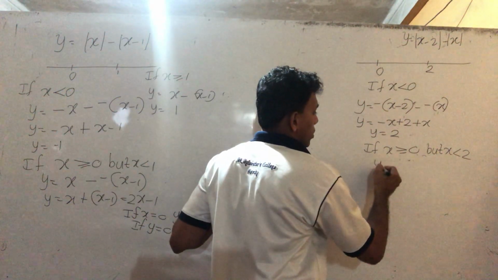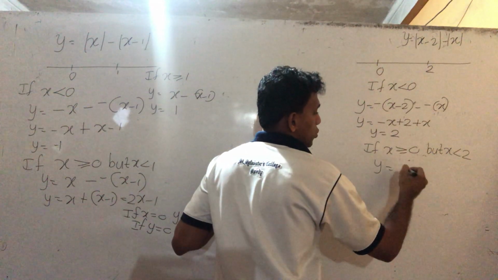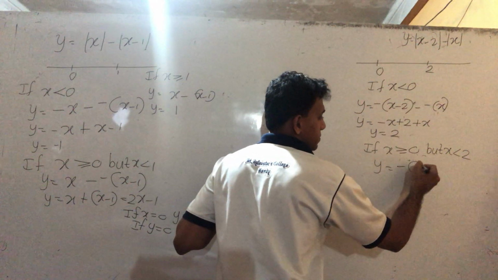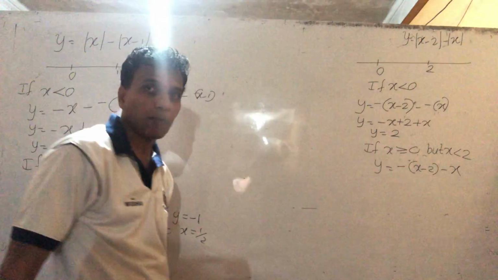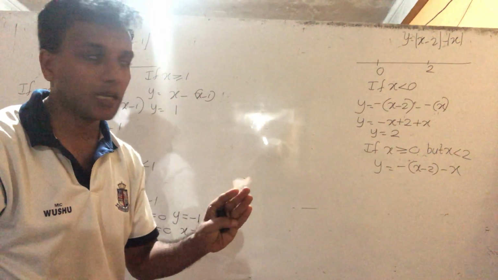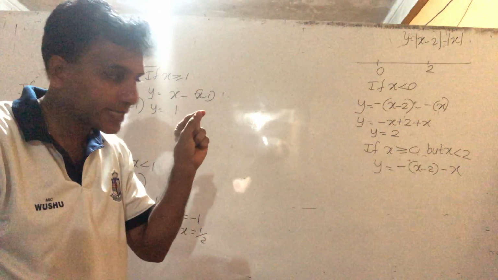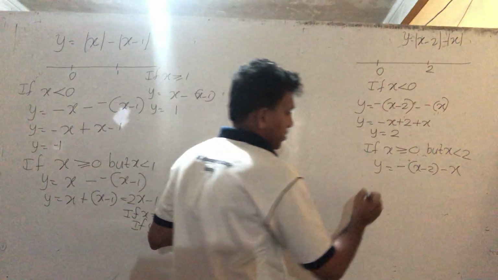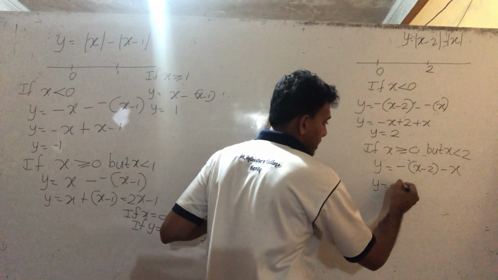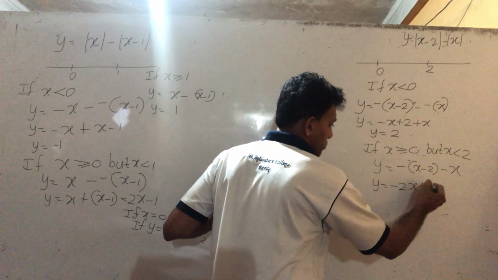Therefore y equals, this is negative, so put a negative and write it. But that is positive, therefore same, no change. If positive comes, you can write it as it is. If minus comes, you put an extra minus and write the given expression. So simplify, y equals minus 2x plus 2.